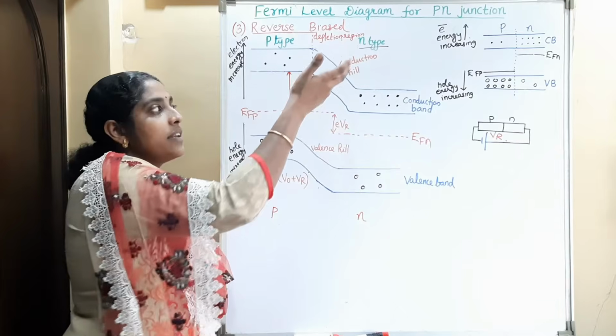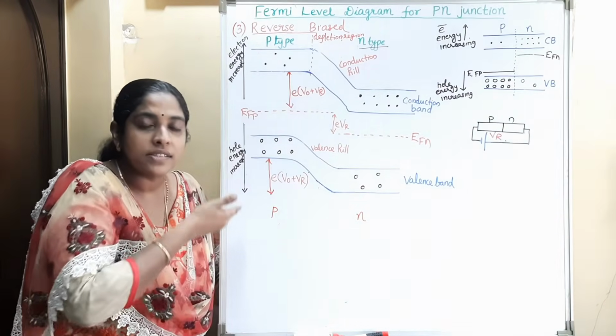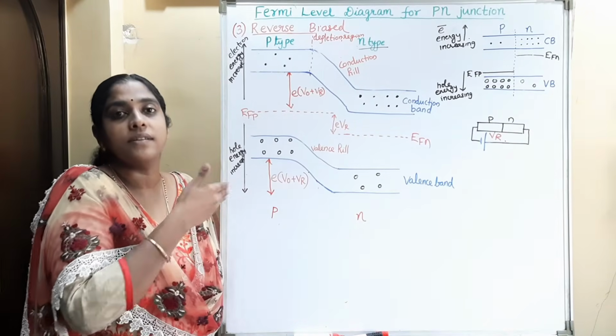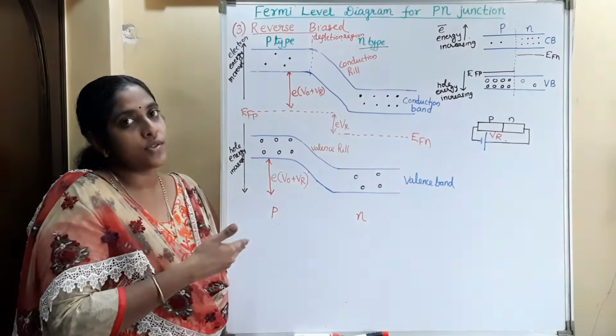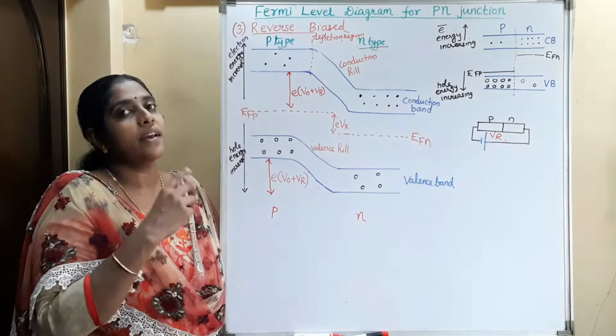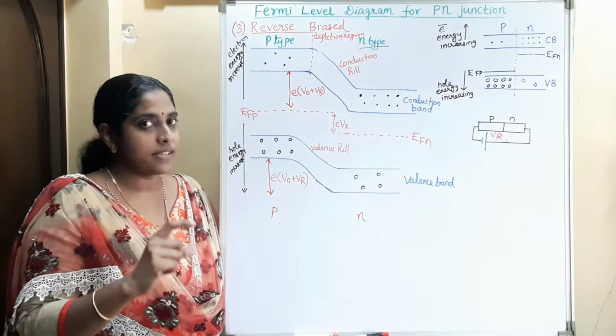That is, on the N side the band structure shifts upwards and on the P side the band structure shifts downwards, and correspondingly the Fermi levels also. Also, the height of the conduction hill and valence hill reduces by an amount eVf. Height will be equal to e(V0 - Vf).